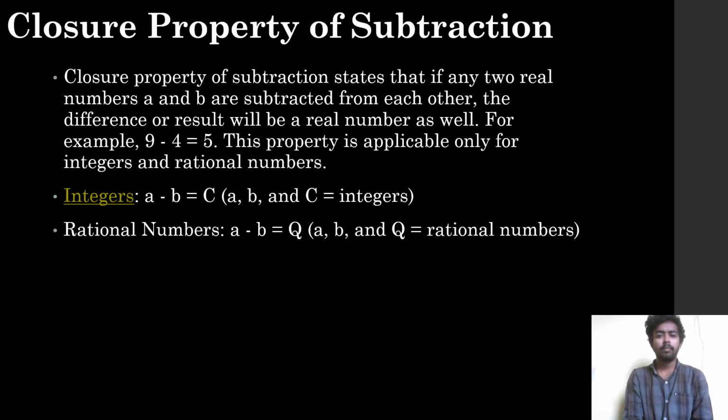This property is applicable only for integers and rational numbers. Integers: a minus b equals c, where a, b, and c are integers. Rational numbers: a minus b equals q, where a, b, and q are rational numbers.